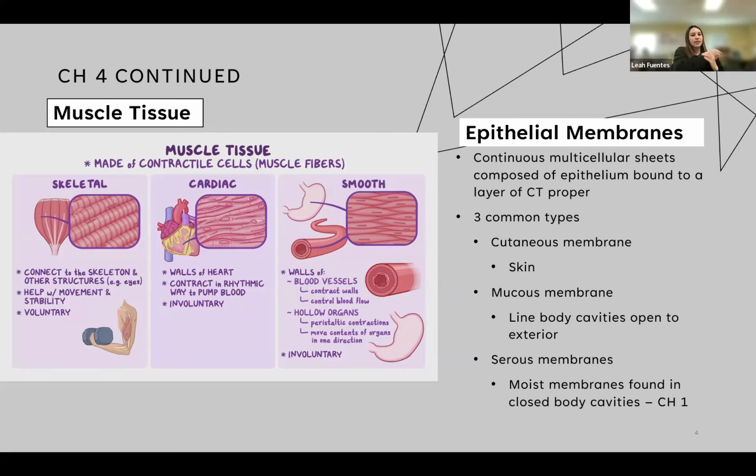Cardiac muscle is found within the walls of the heart. This is involuntary, and it contracts in a rhythmic way to pump blood.